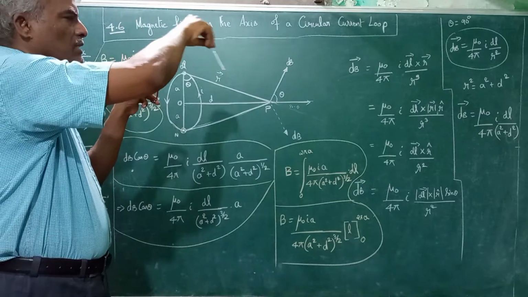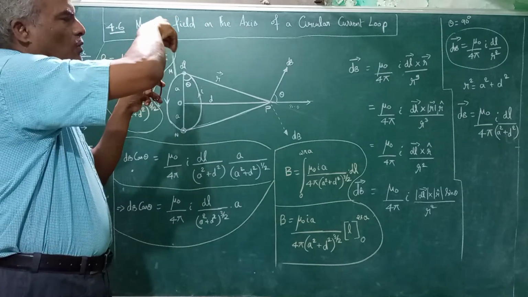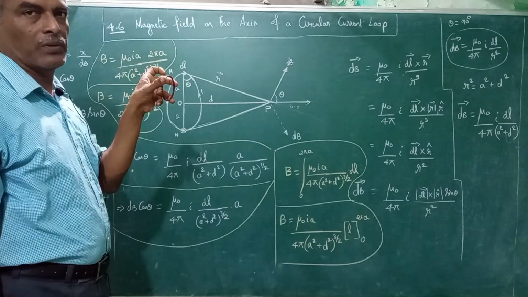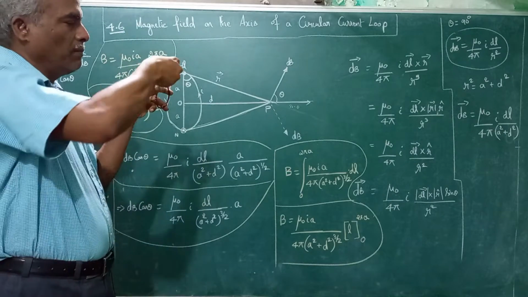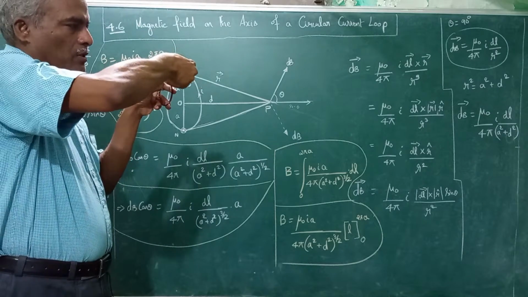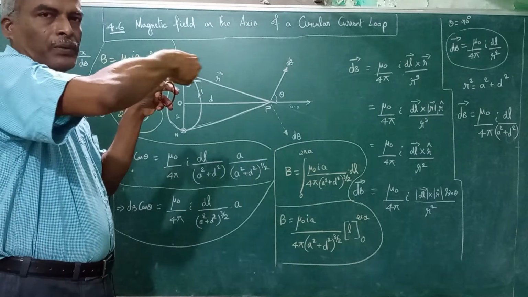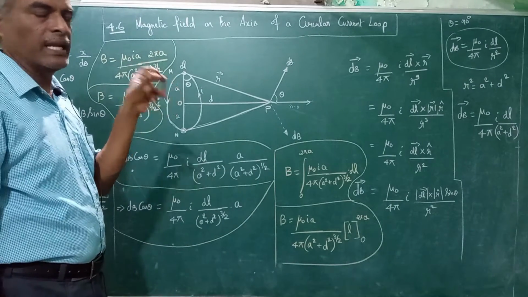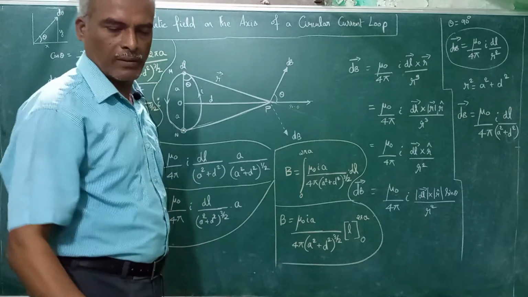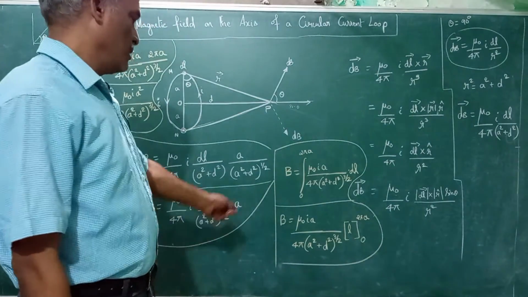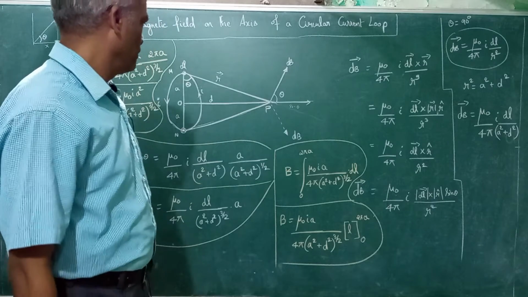If you consider this plane, the angle between this dl and r is 90 degrees. You should keep that in mind, because the plane is like this, dl is here, the point is here. That means the angle between dl and r vector is 90 degrees.